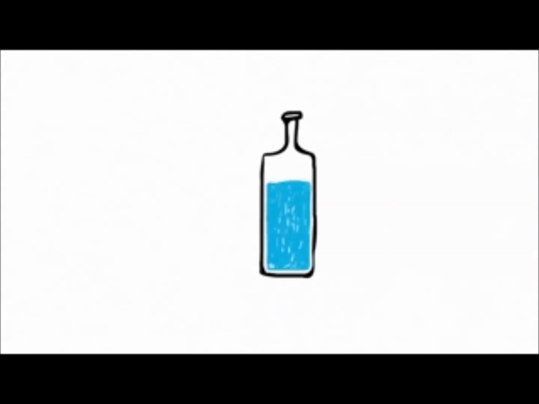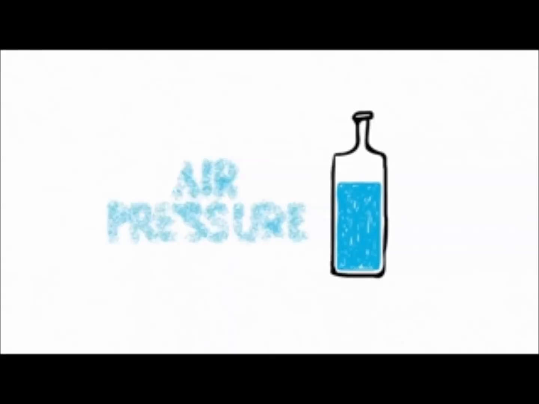When this swarm of molecules runs into things, it exerts a force, pressing against the boundaries of the fluid like water pressing against the glass of a bottle. This is known as air pressure. And while air is lighter than water, all those molecules still get pretty heavy, with the total air filling a typical school gym weighing about as much as an adult elephant.